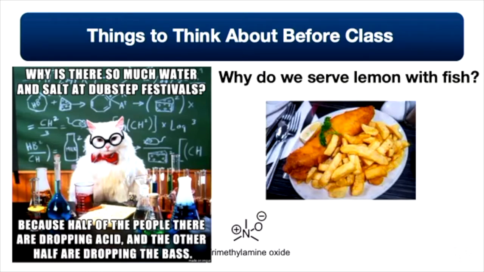And something that's a little strange is whenever a fish dies, enzymes in their cells convert this molecule to something that smells really bad, trimethylamine. This is the classic fishy smell.